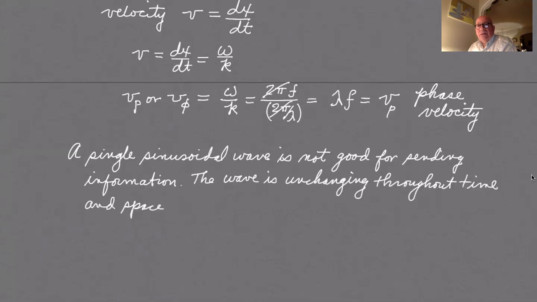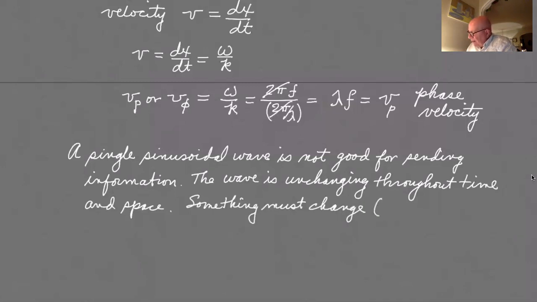So it really is not conveying any information to you, okay? Other than its wavelength, frequency, and amplitude, which is the same all the time, right? So it's not changing at all, okay? So something must change. In order to send information, something must change.